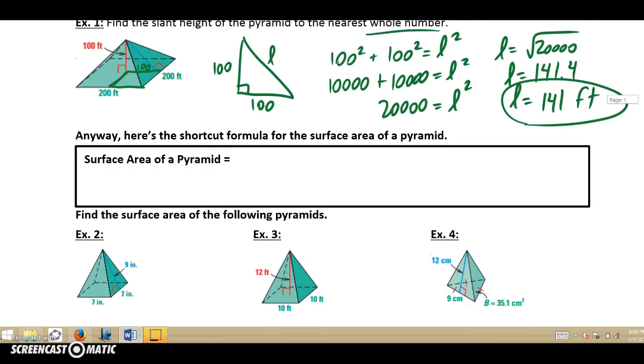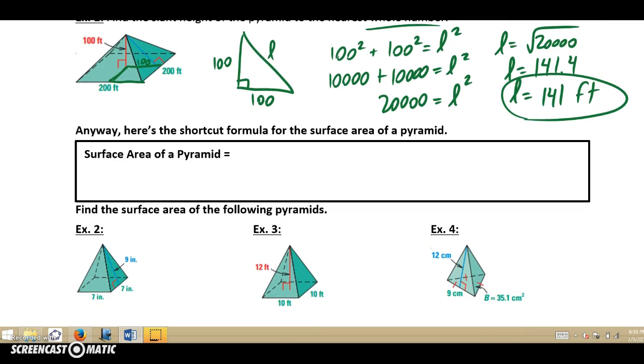Alright. So, anyway, we're going to have a little shortcut formula again for the surface area of a pyramid. Obviously, the pyramid has a base. It only has one base this time. And we're going to use that perimeter again. So P. But you'll notice this time, all of the lateral faces, the sides that are not the base, all have the same height, and it turns out to be the slant height. Okay, so it's actually base plus PL.